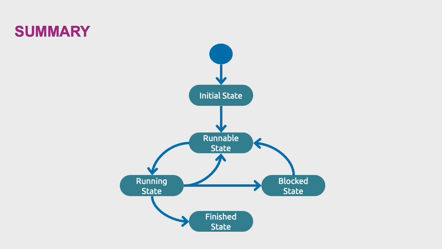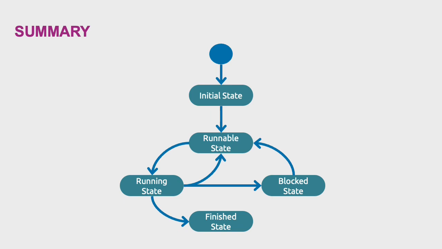Let's have a recap of what we have discussed. Basically, we described the life cycle of a thread. The life cycle is very simple. When we create a new thread, it is in initial state, then it can transition to the runnable state whenever the start method is invoked.